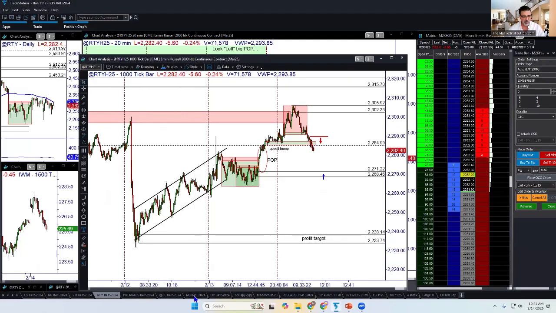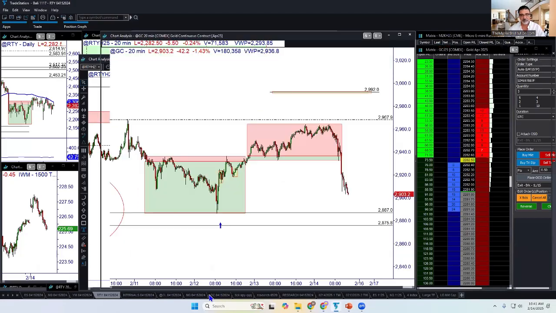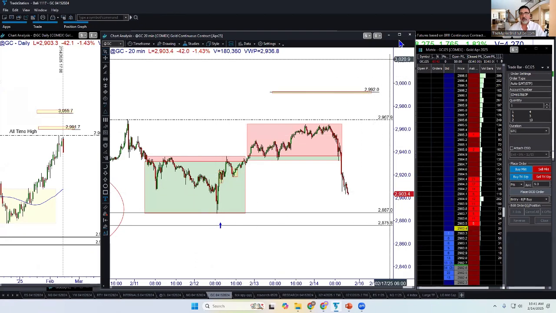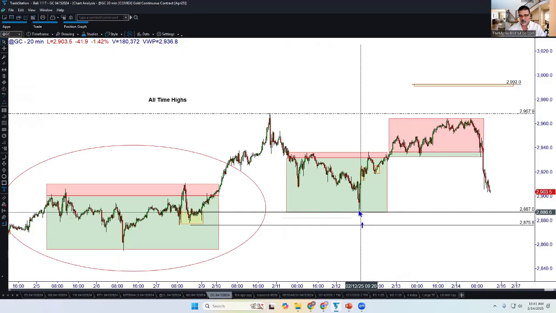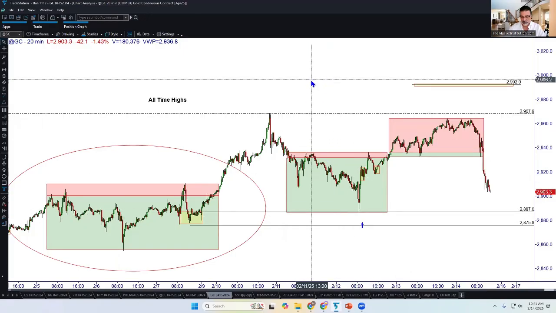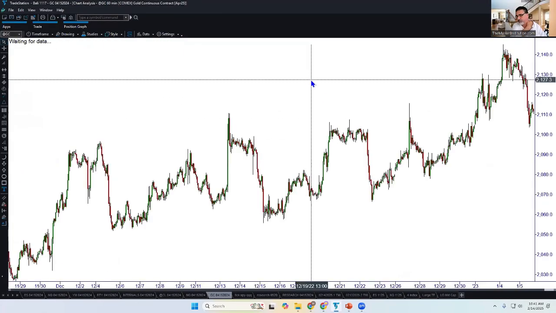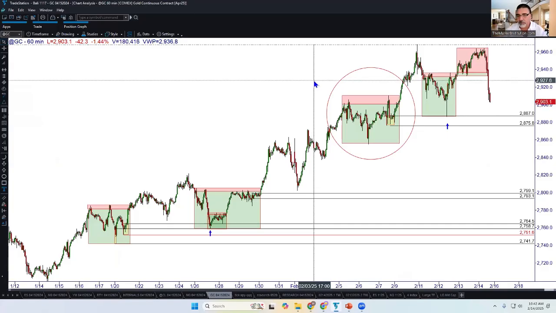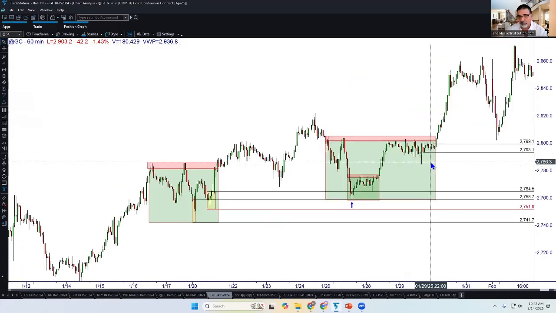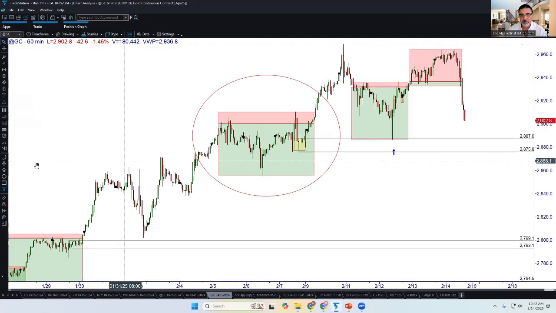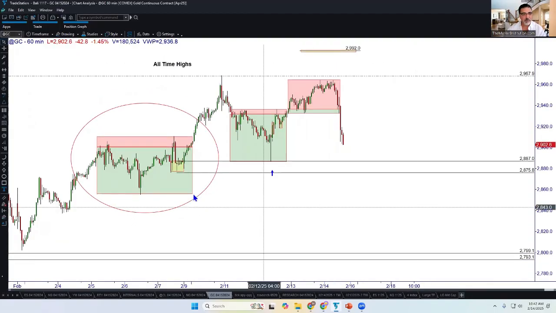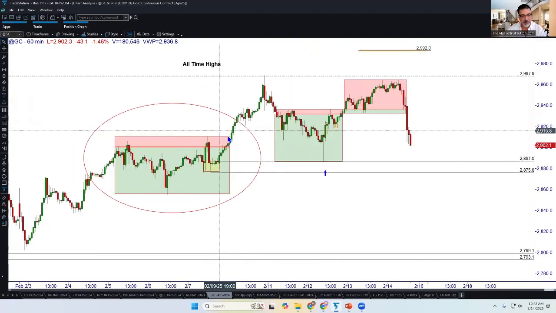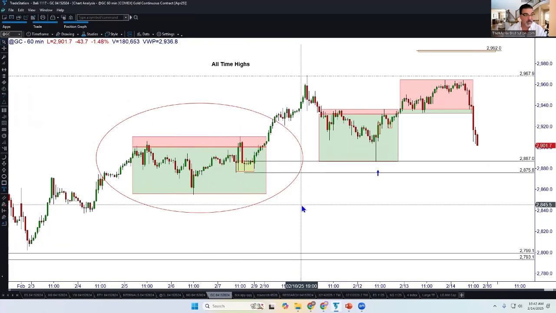I'm going to use gold as a reference over here. We had a trade on gold the other day right here. I'm going to go back out to my 60-minute chart. Now, with certain platforms, you can identify the leg base, you can separate the leg candles from the base candles.